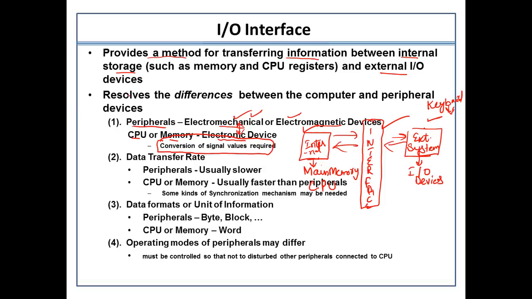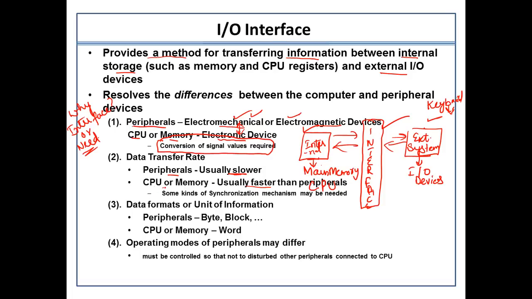So now the topic is why interfaces are required, or what is the need of an interface. I told you the first need: to convert the signals into the required values. Similarly, the second point is the data transfer rate. As I mentioned earlier, peripherals are usually slower devices, while the CPU and memory are usually faster than the peripherals.